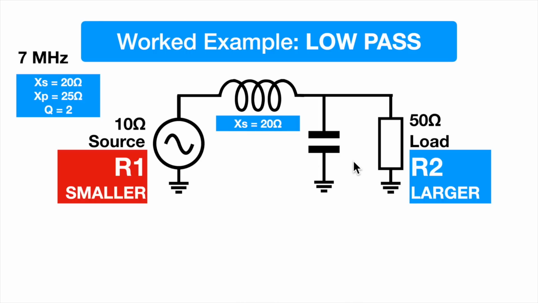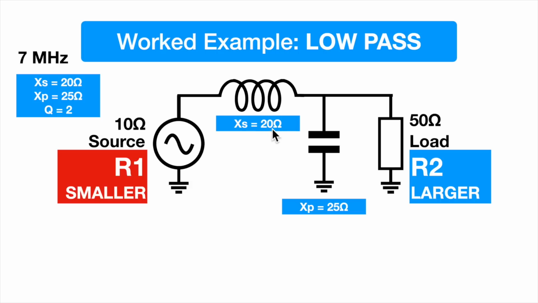And the same for our capacitor. We calculated that we would need 25 ohms of parallel reactance, and because it's a capacitor that is our parallel component, it will be 25 ohms of parallel capacitive reactance.